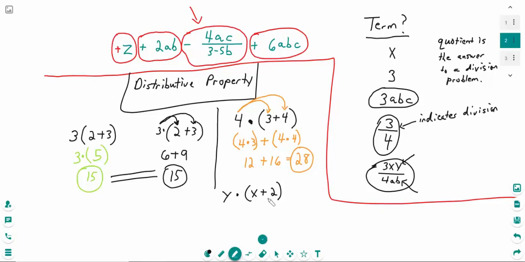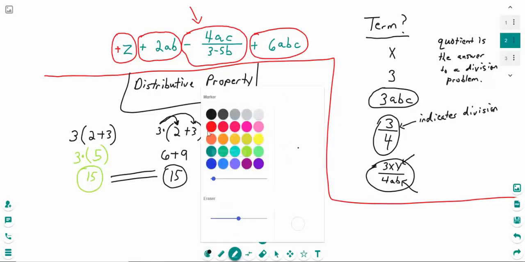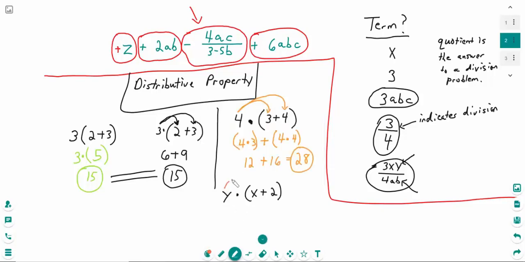All right. Well, now you can't do the parentheses first. You don't know what the x is. So you can't do anything in here. And so if you can't do the parentheses, well, then you can't do the rest of the problem because the rule was you had to do the parentheses first. Okay. So in this case, how would we do it? Well, we would use the distributive property. So we would take the y, multiply it by the x.